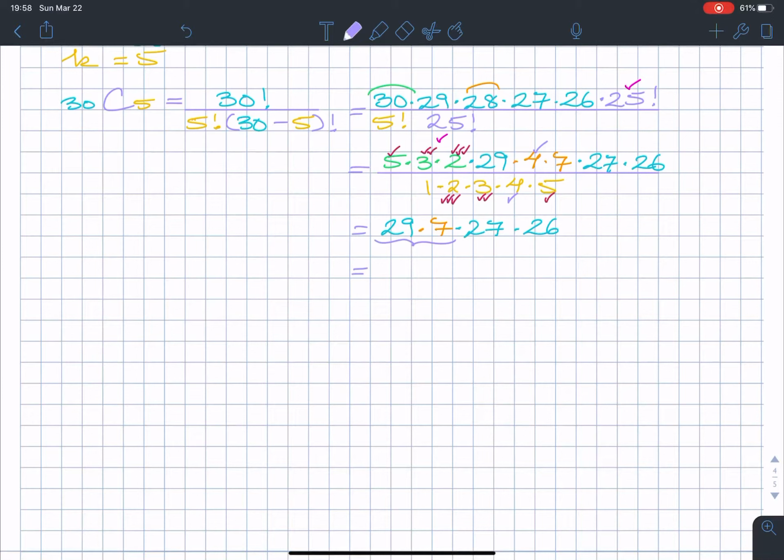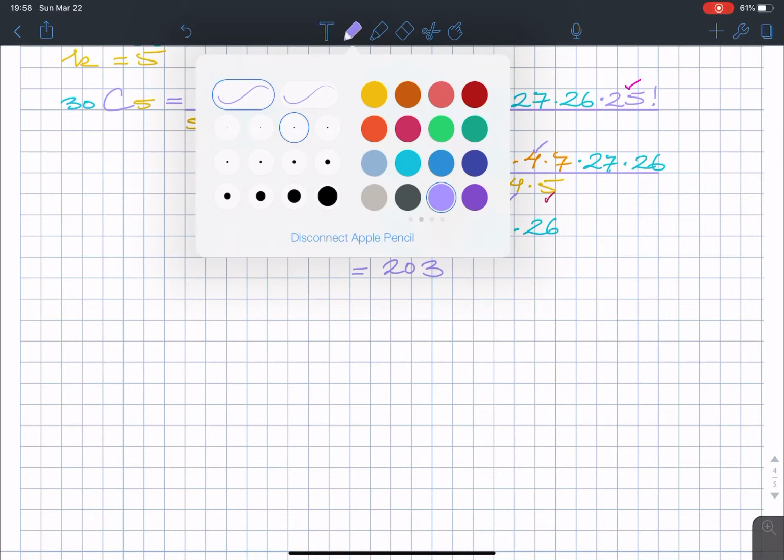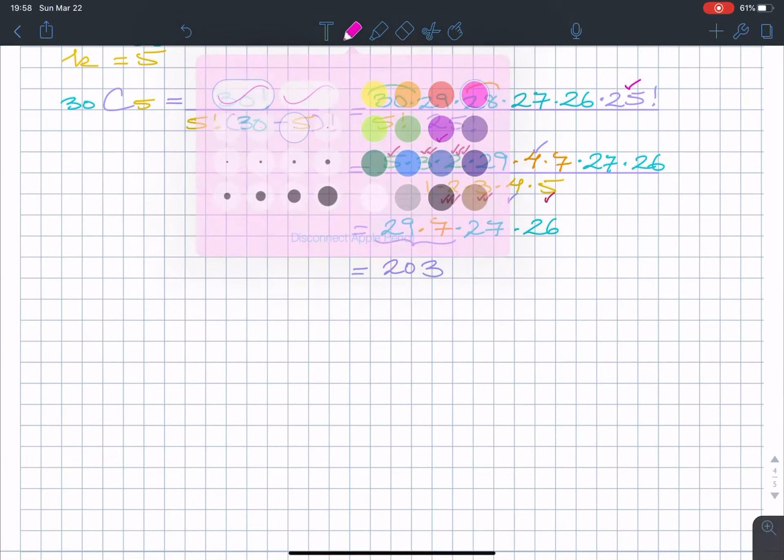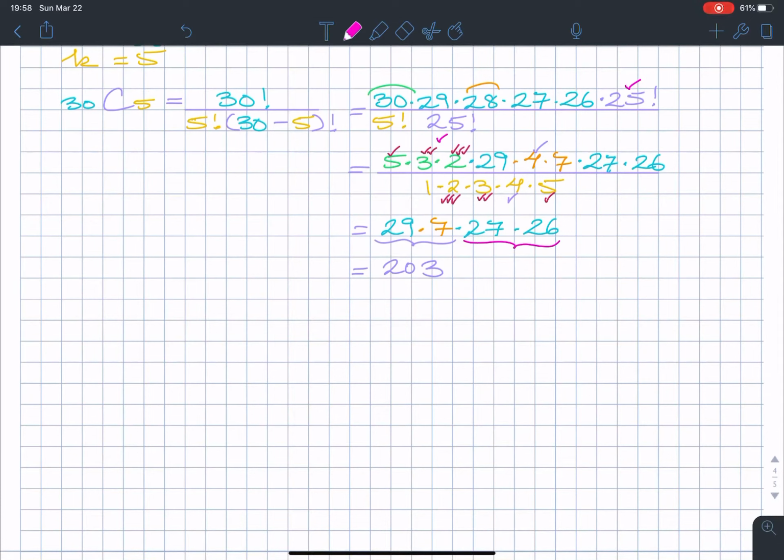But I'm 1 shy, so that's 203. And 27 times 26, well, why don't I go ahead and do that off to the side using my lattice algorithm. So I'll have 27 times 26.